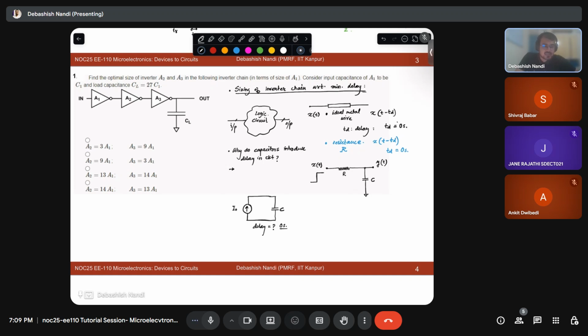Fine. This you might have studied in your 11th or 12th, maybe even earlier. So that 90-degree phase shift is nothing but the delay if you calculate it in the time domain. Whenever there is a current flowing through a capacitor, first of all, DC current does not flow through a capacitor, right?